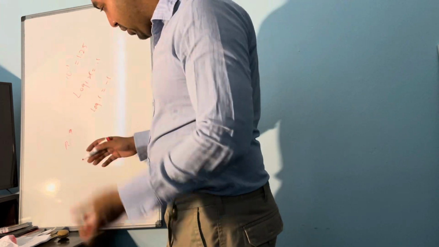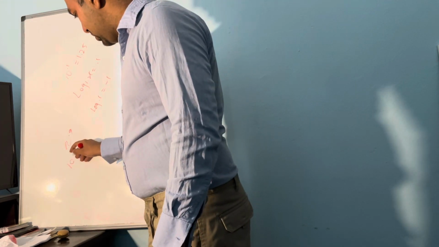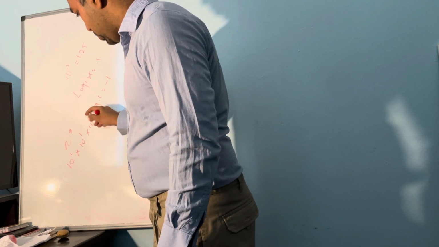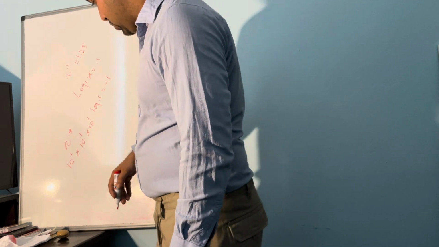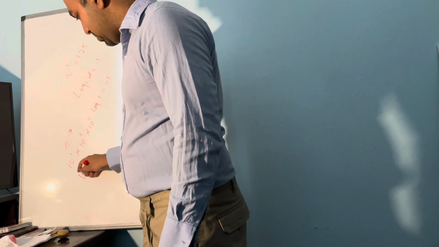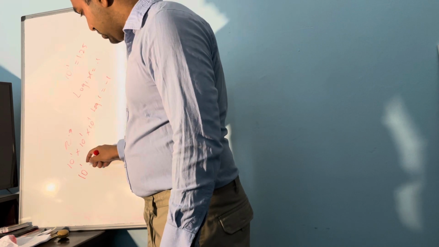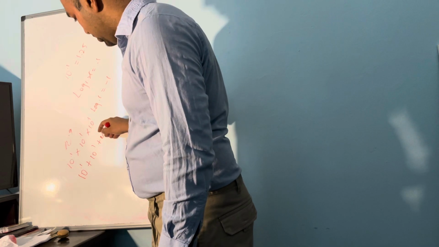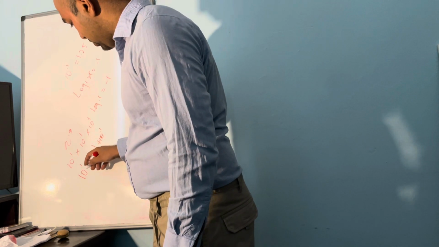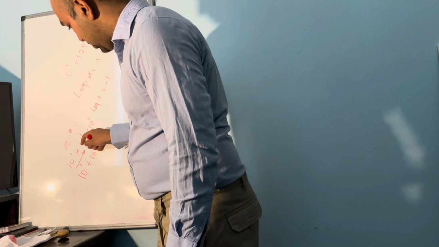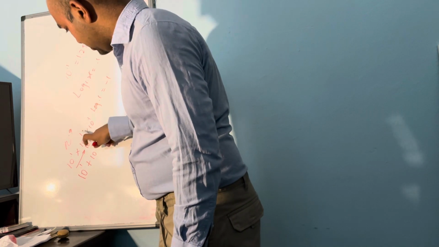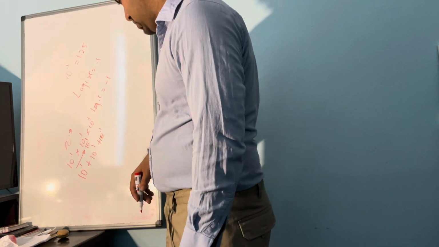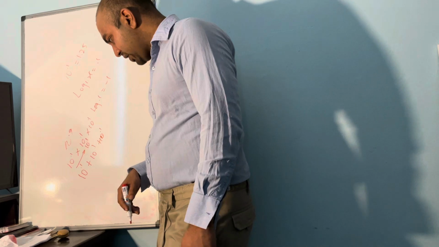10 to the power of 0.9 is 10.1 times 10.1 times 10.1, which is also the same as 10.1 plus 10.1 plus 10.1, times 10.1 times 10.1, right?